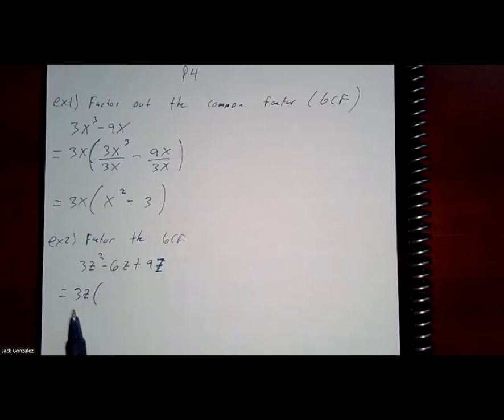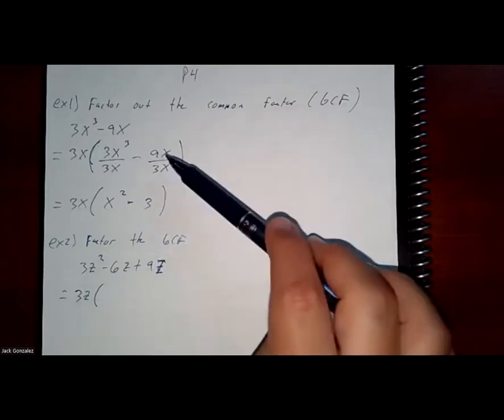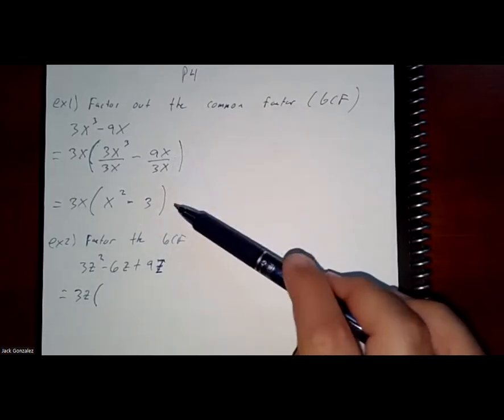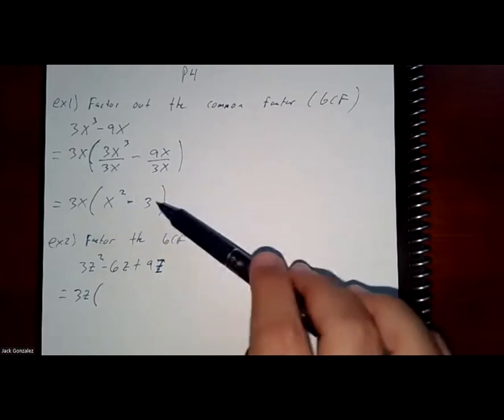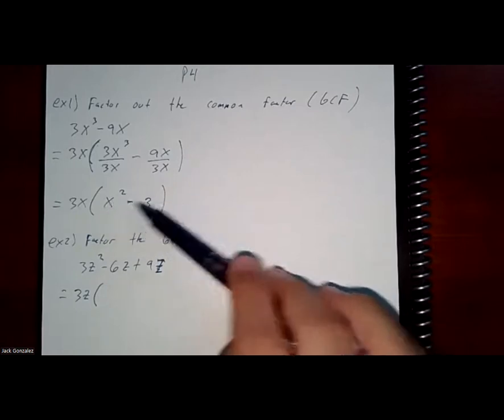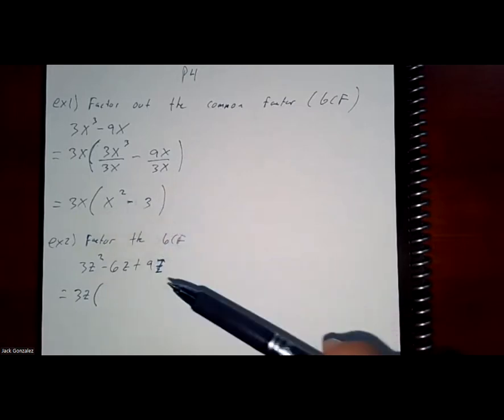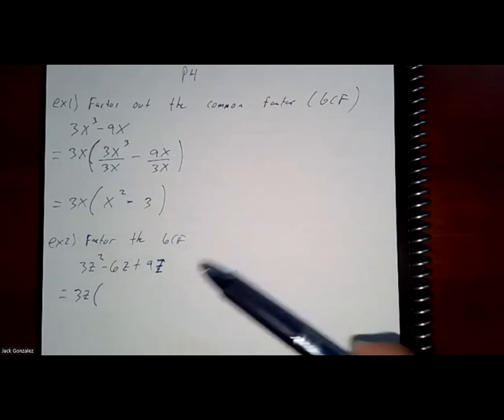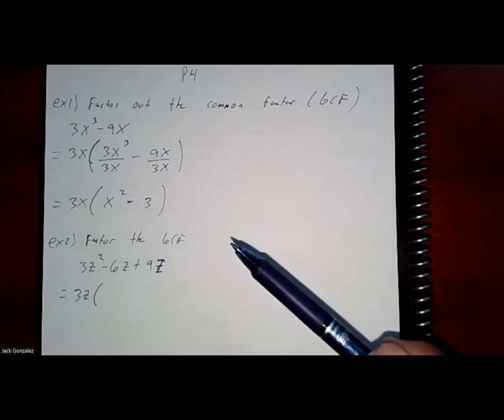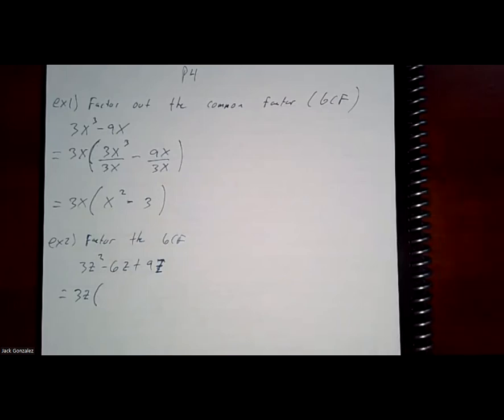If you choose the wrong one, that means that after that first step, you may have something still in common with these two terms. So just do it again. If you miss it, just add an extra step and remove that extra factor. If you get it all at once, great.